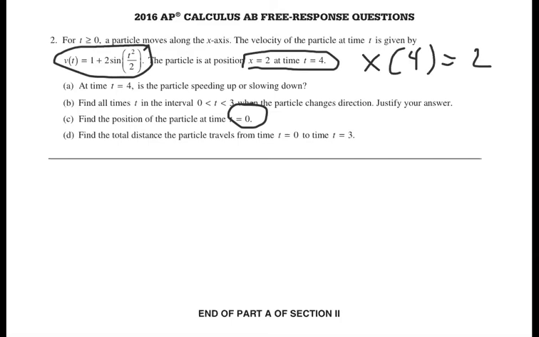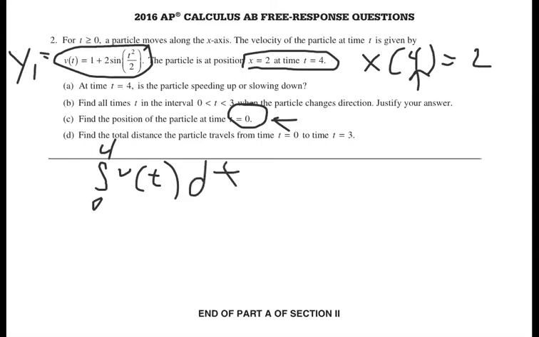It says the integral from t equals 0 to 4 of the velocity, and remember we put that in y1 in the calculator, dt is going to equal position of 4 minus position of 0.